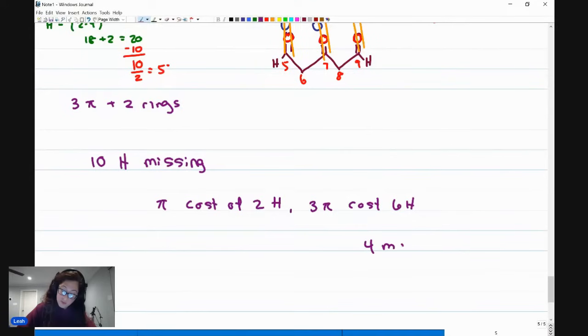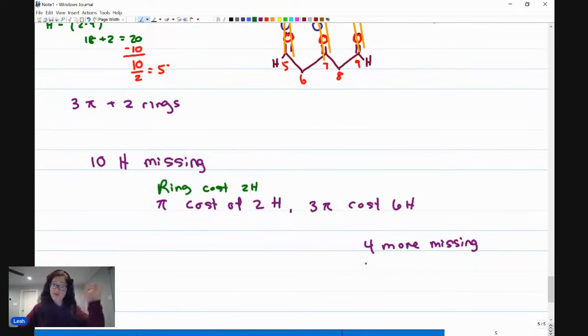So we have 4 more missing. And because we've already accounted for all the pi bonds, the 4 missing hydrogens must be in a ring, because just like a pi bond costs 2 hydrogen, a ring is also going to cost 2 hydrogen. And so 4 means 2 rings, 2 hydrogen for the first and 2 hydrogen for the second.